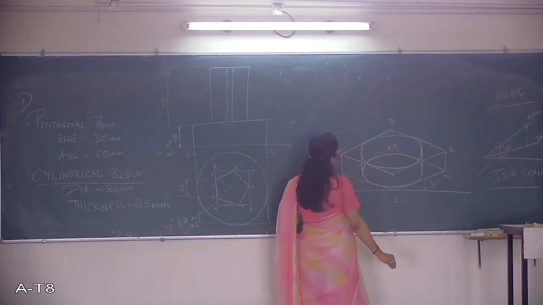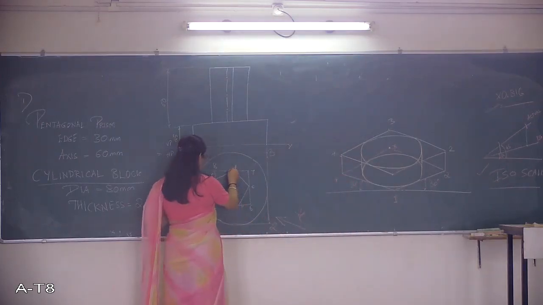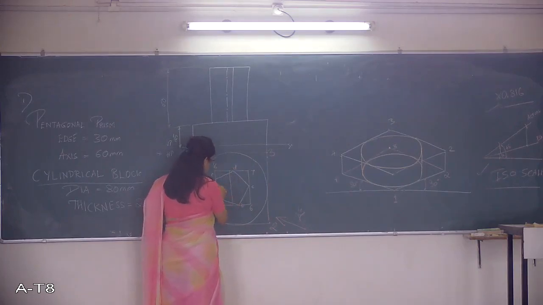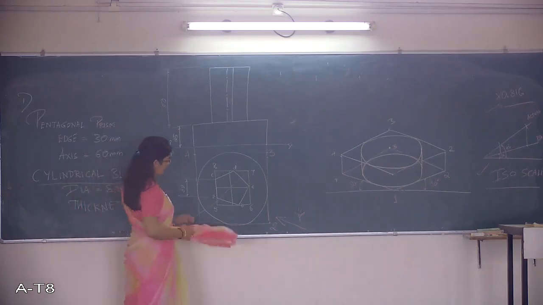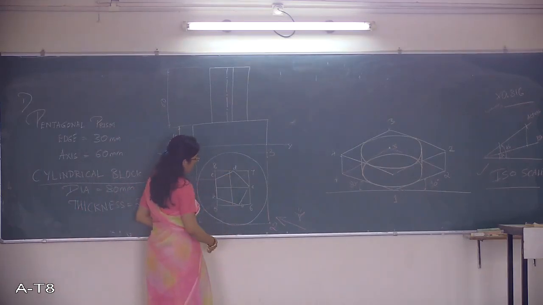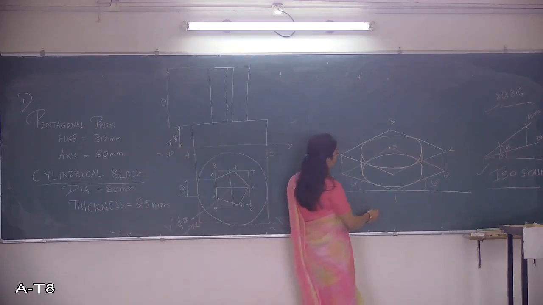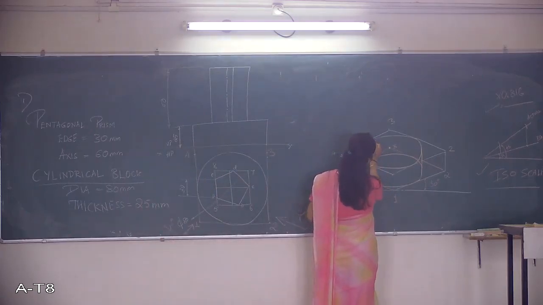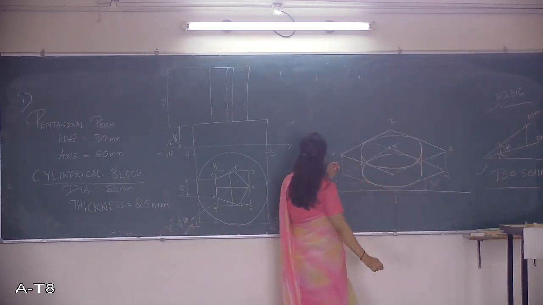This is the center. In order to draw the square, along the center I can just get these lines drawn such that they pass through the center, so I can draw these lines here. So this is how these lines will be.